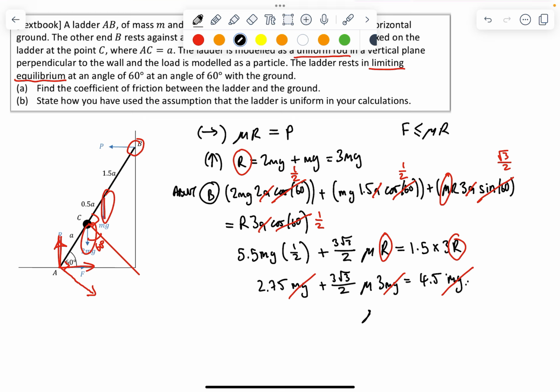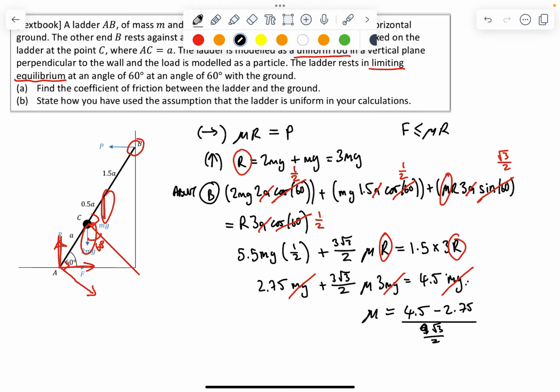So my mu is equal to 4.5 minus 2.75 from the other side, and then I'm going to divide it by the thing that's multiplying mu, which is 3 root 3 over 2 times 3.